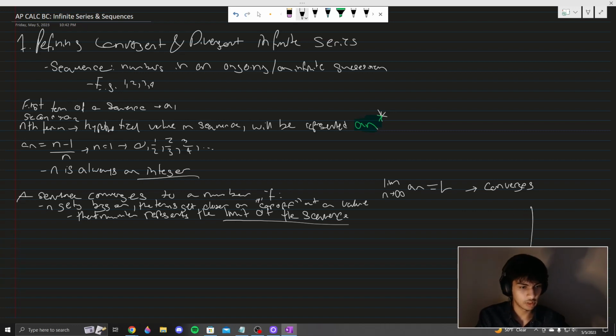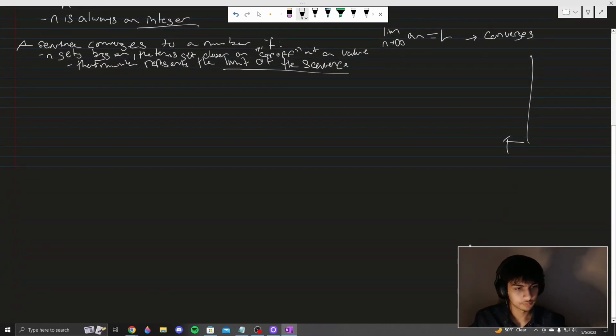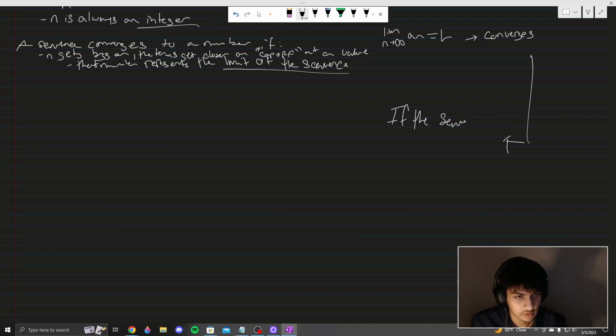Now, however, if the sequence does not have a finite limit, which is very important in this situation, it does what we call diverges.